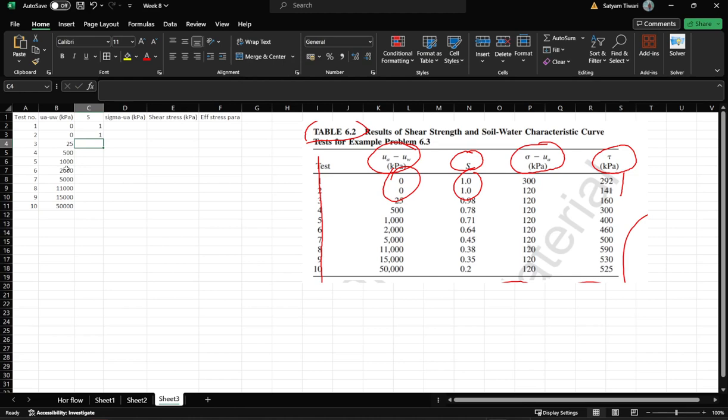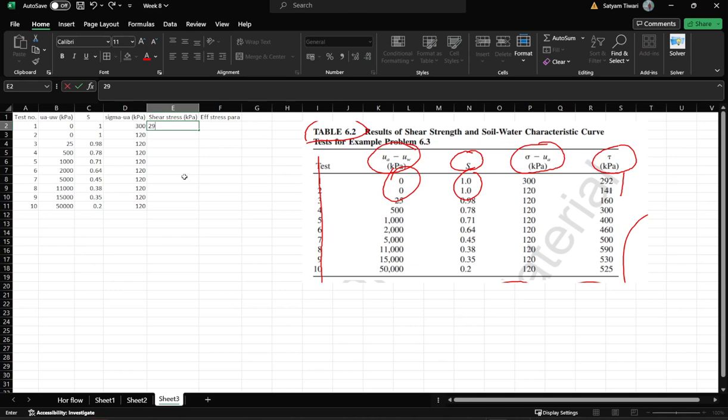Degree of saturation is 1 for the first two, then it's going to be 0.98, 0.78, 0.71, 0.64, 0.45, 0.38, 0.35, 0.2. And the value of sigma minus ua is going to be 300 and then 120 for all of them.